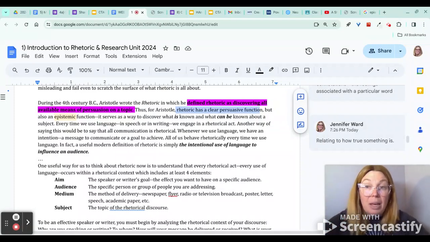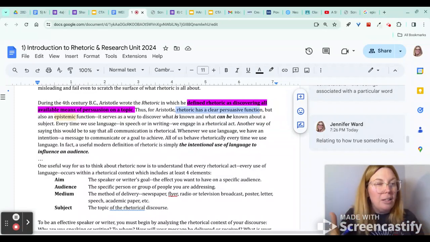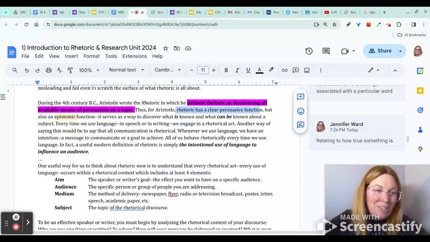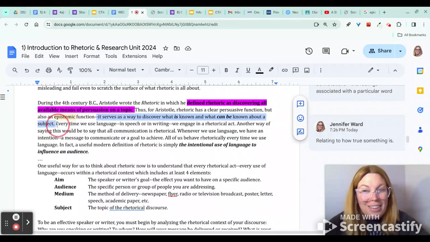So epistemic function is referring to how true or how valid the function of it is. "So it's a type of study. It serves as a way to discover what is known and what can be known about a subject." Oh, look at that. I didn't even have to define it. I just had to keep reading because she defined it for us right there. That's what epistemic function is.